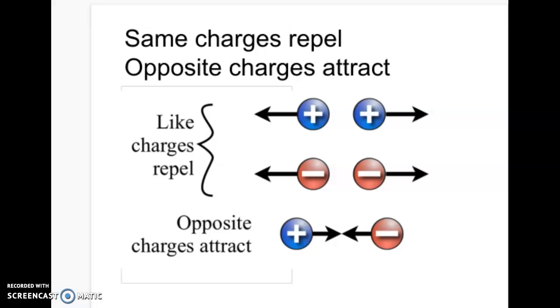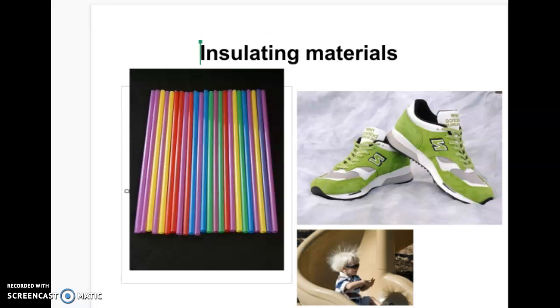You would have an opportunity, hopefully, to try this out with some materials in the lab. But basically, if you take an insulating material that is normally neutral, that doesn't initially have a plus or a minus charge, then obviously it will have no effect on each other.